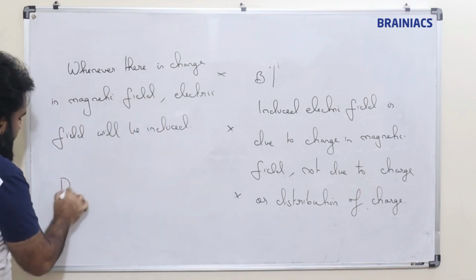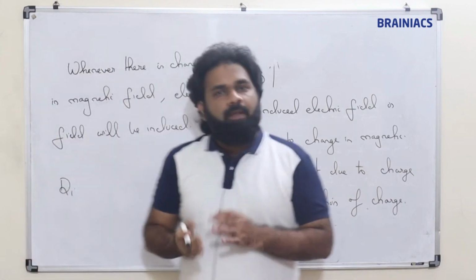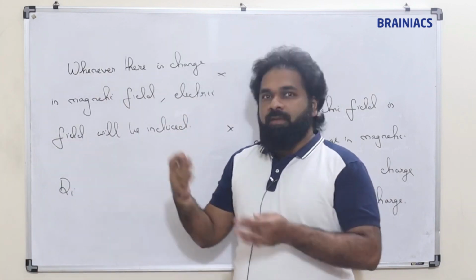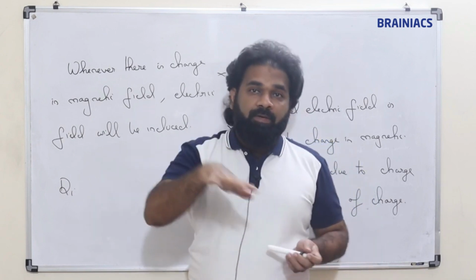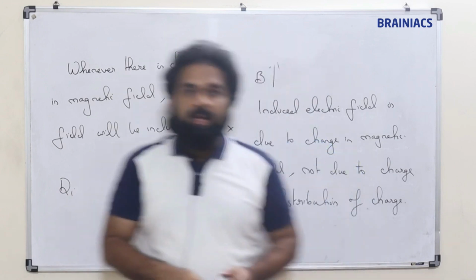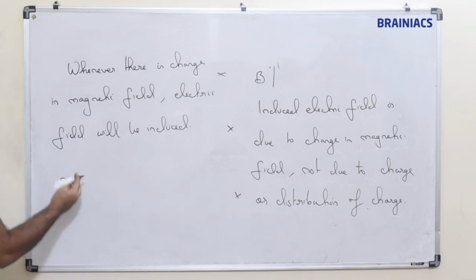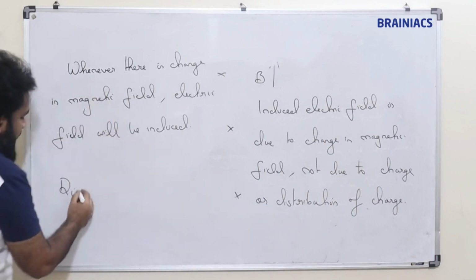So what will the direction of the electric field be? The direction of the electric field will be based on Lenz's law only. Based on whether the dot magnetic field is increasing or the cross magnetic field is increasing or decreasing, we will find the induced current. That induced current direction is the direction of the electric field.